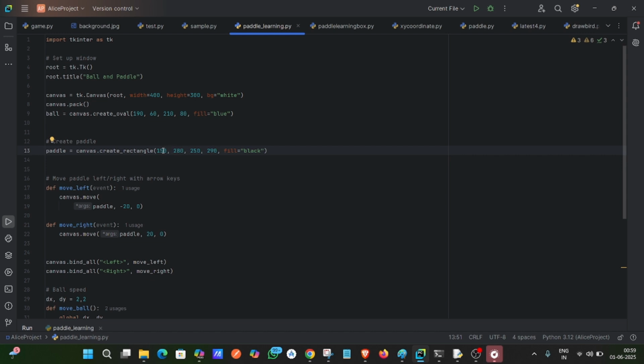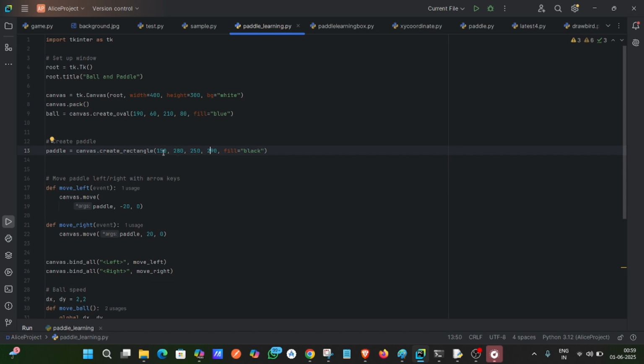So it is very clear that the width of the paddle is from 150 to 250, 100 pixels, or for imagination say 100 centimeters. And the height of the paddle is 280 to 290, y1 equal to 280, y2 equal to 290. So it's only 10 pixels.